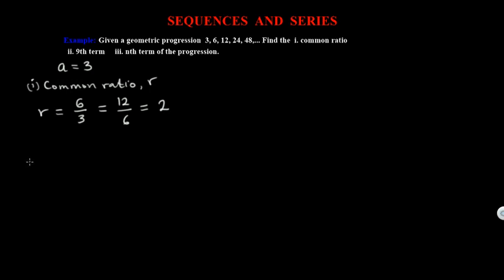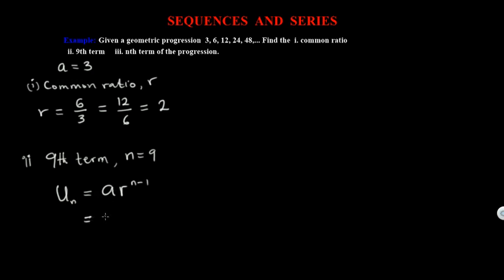Interesting. So the second question is that we should get the ninth term. For the ninth term, our n equals 9. So to solve this problem, we look at the formula. The nth term of a GP is always with the formula A R raised to the power of n minus 1, as we've learned a few minutes ago.